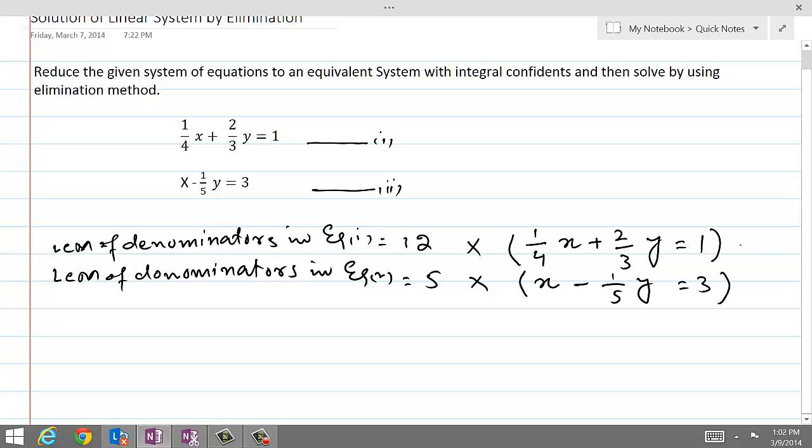And this is still equation 1 and this is equation 2.